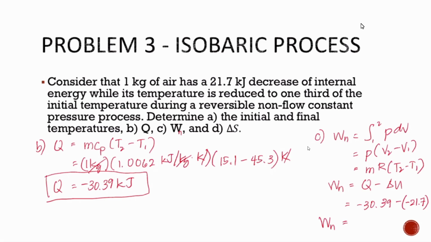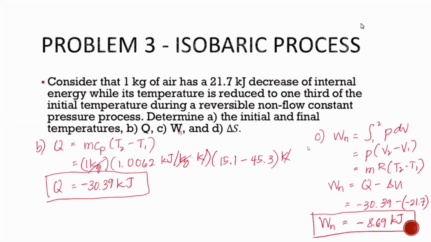The value is still negative. What is our value? Negative 8.69 kilojoules. Okay, take note of these state relations, because we can't always use the instant formula right away. So it is still based on the analysis.